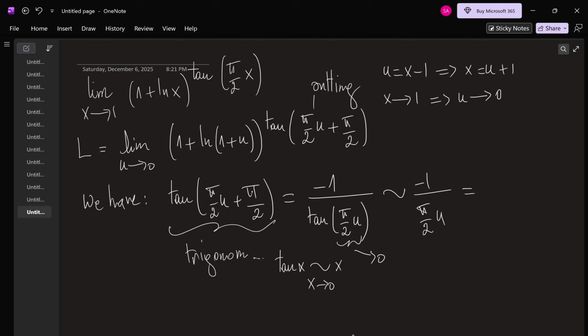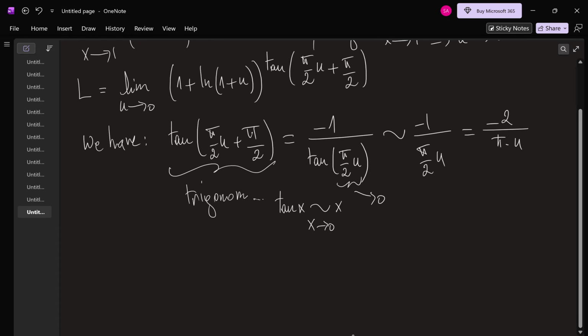And finally this is equal to minus 2 over pi times u. This is a simple calculation. We multiply both the denominator and numerator by 2 and simplify. This will give us negative 2 over pi times u.